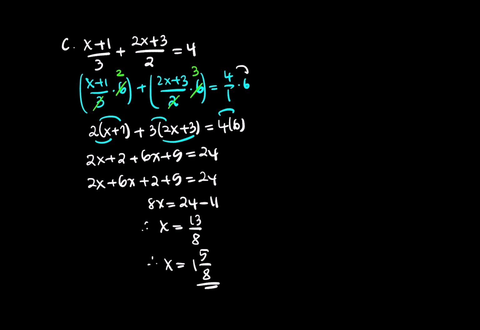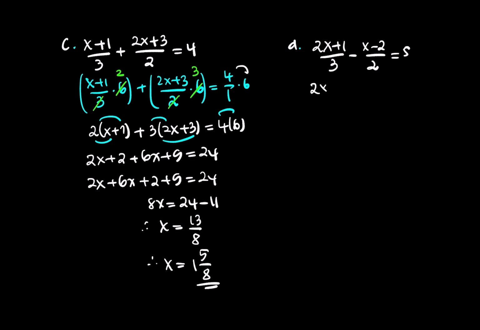Last question that we can see here is D. So for D, we have (2x + 1)/3 - (x - 2)/2 = 5. 3 and 2, the same, has an LCD of 6.